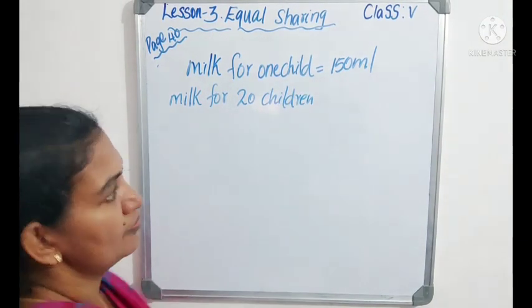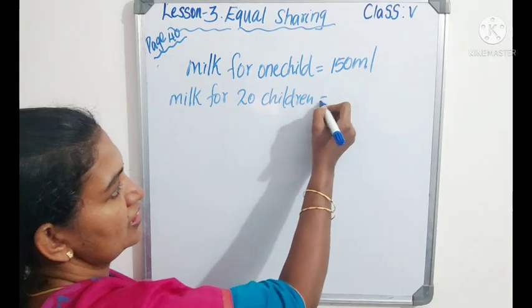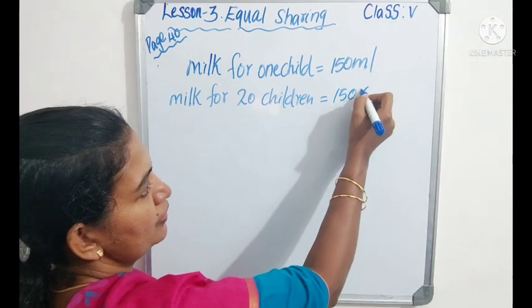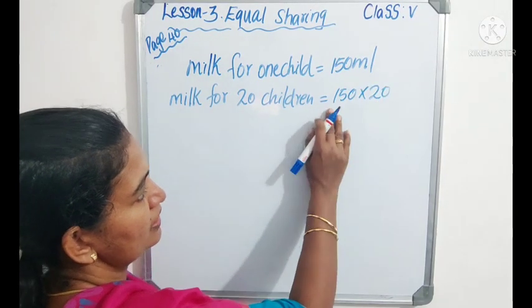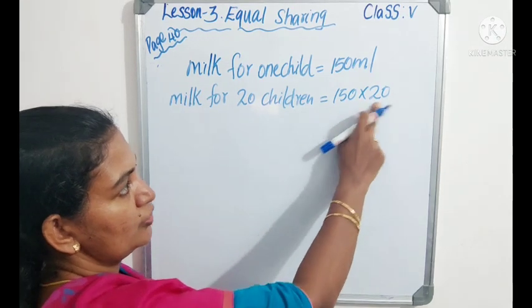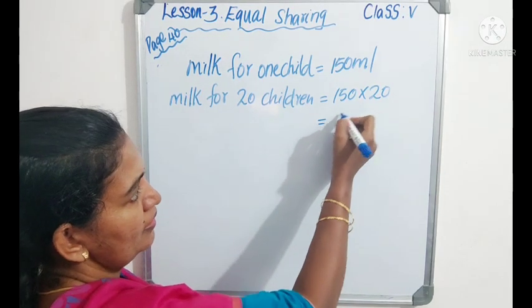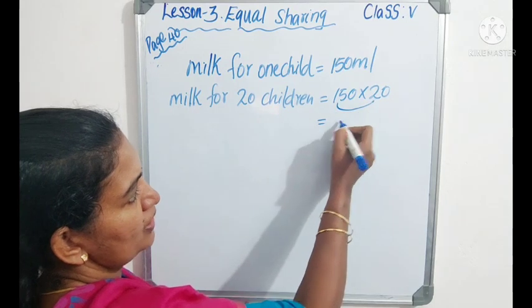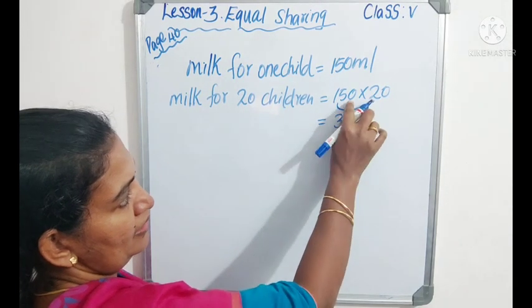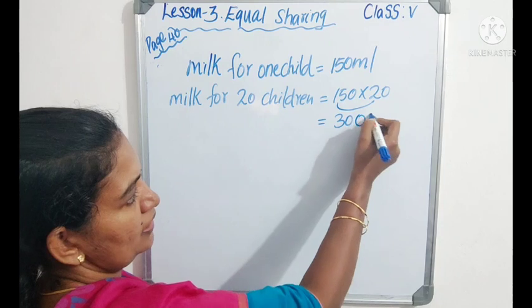So one child is getting 150 ml. Then milk for 20 children is equal to 150 into 20. That means 150 ml for one child and 20 children. Then we know that 15 twos are 30, and 1 zero here, 1 zero. So 3000.